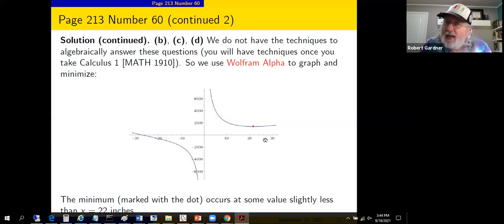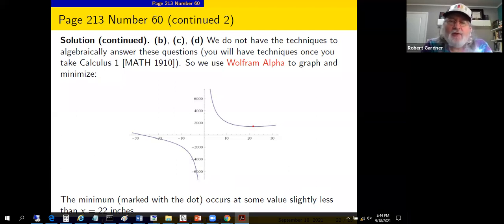If you can see the little calibrations, it's clearer if you download the notes. It looks a little bit less than 22. But somewhere around here, the minimum, marked with a dot, occurs at some value slightly less than x equals 22 inches.